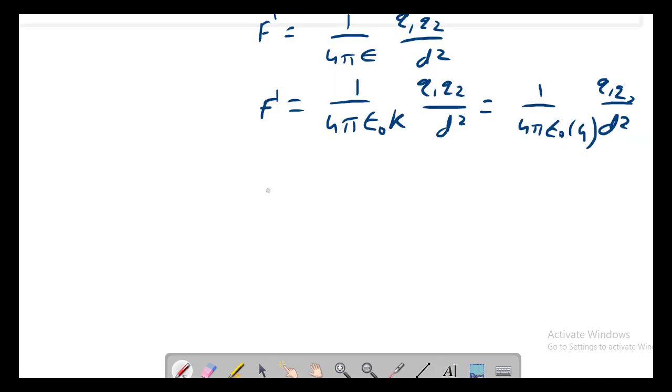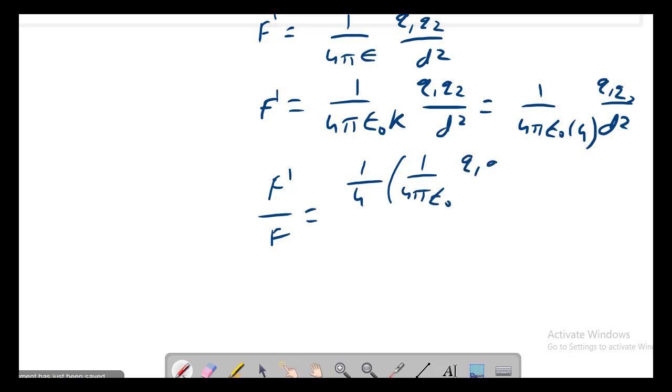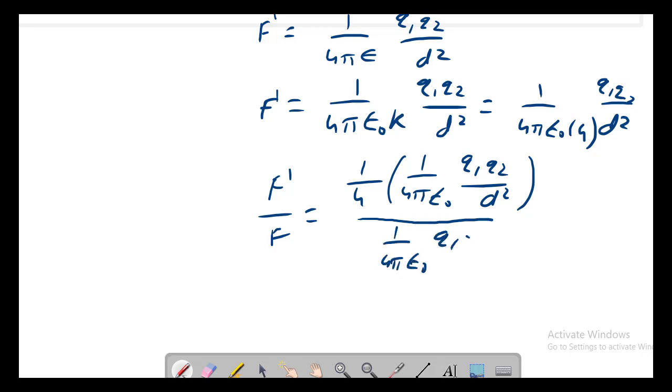What we need to find is F dash in terms of F. So we take the ratio F dash by F. F dash is given by this, so I just take this 4 outside, so what we get is 1 upon 4, and the entire term, 1 upon 4 pi epsilon 0 q1 q2 by d square, and F we already know, it is 1 upon 4 pi epsilon 0 q1 q2 upon d square.